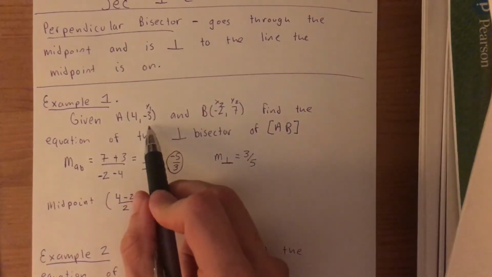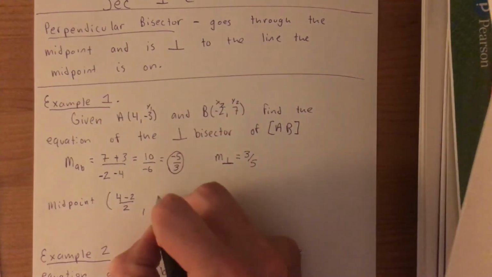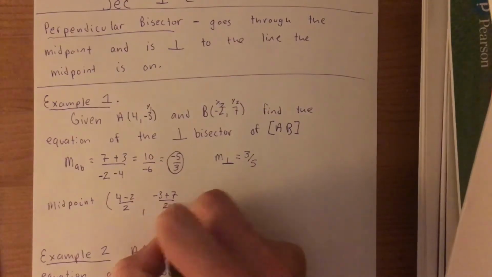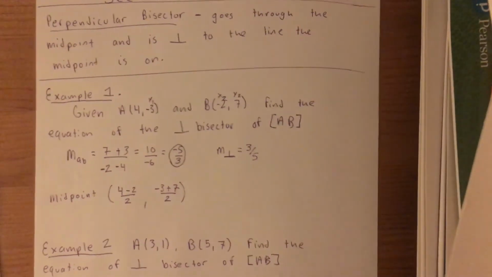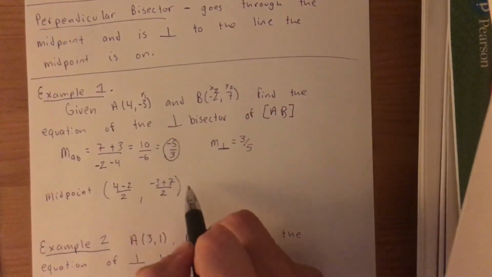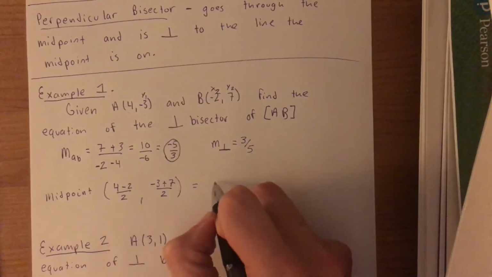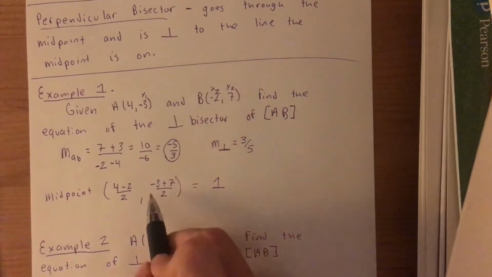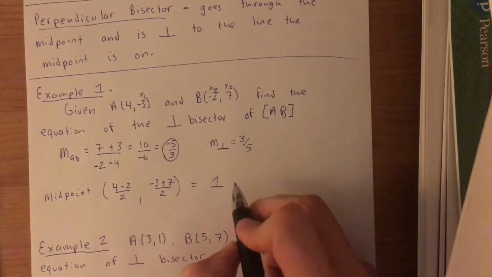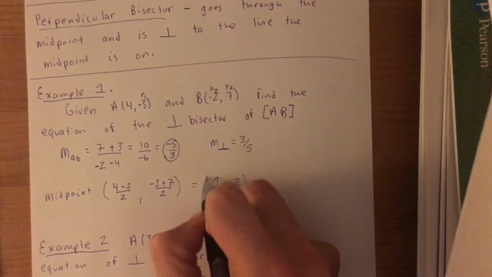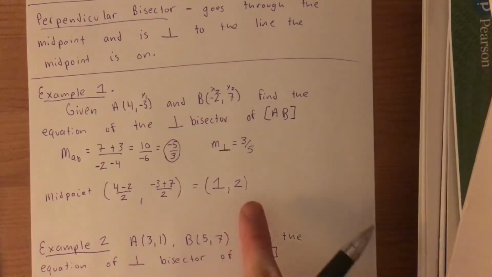For the y-coordinate, negative 3 and 7, you can either think about what number is between those, or you can add those two numbers. So the midpoint here: 4 minus 2 is 2, 2 divided by 2 is 1. Negative 3 plus 7 is 4, divided by 2 is 2 as well. So this right here is our midpoint.